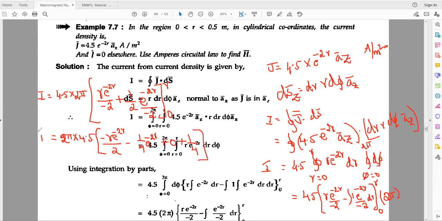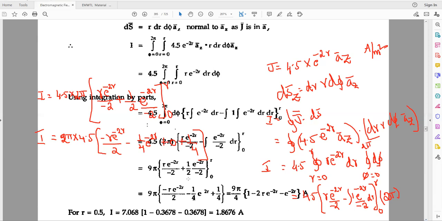Now the total value of I is equal to 9 pi, the 2 into 4.5 is 9 pi, times minus r e power minus 2r by 2 minus 1 by 4 e power minus 2r, plus 1 by 4. Got it?